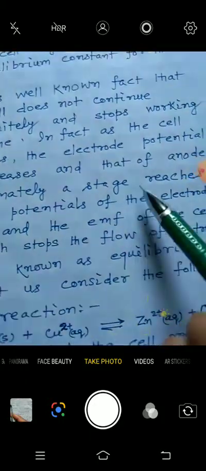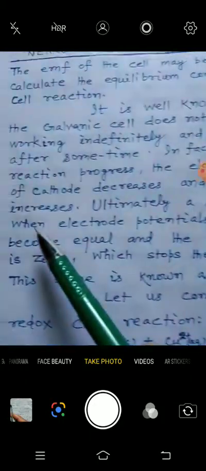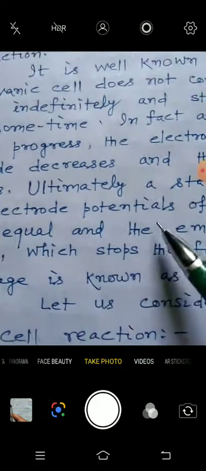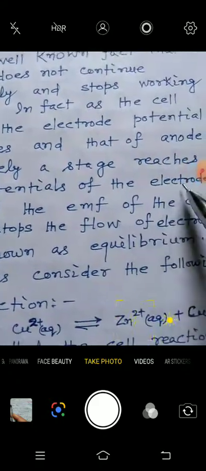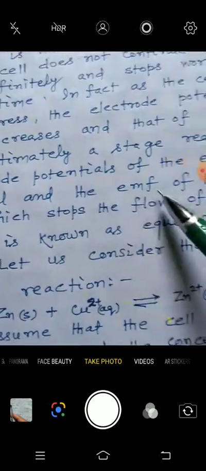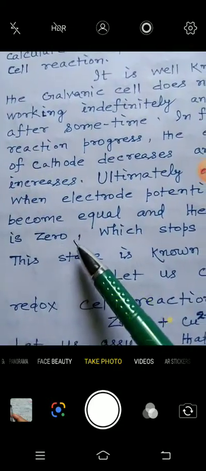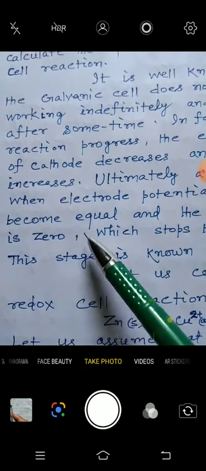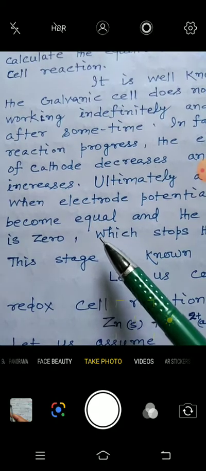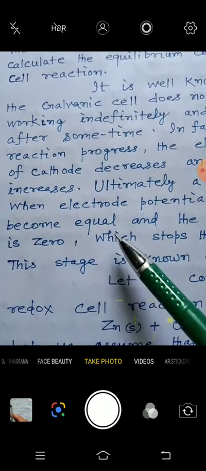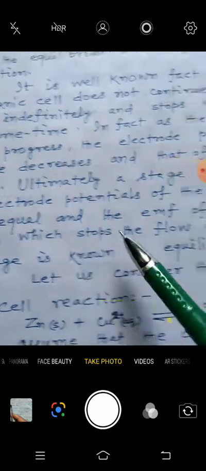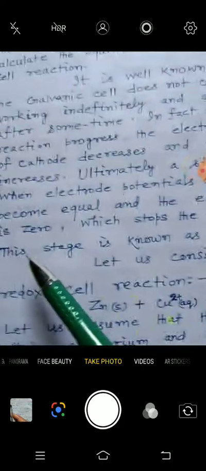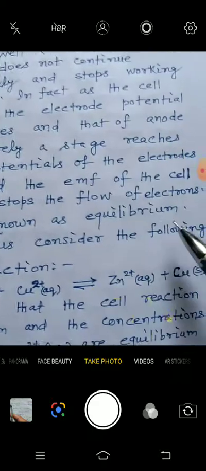Ultimately, a stage is reached when the electrode potentials of the electrodes become equal and the EMF of the cell is zero. Naturally, at equilibrium, the EMF of the cell will be zero, meaning electrons will flow neither from anode to cathode nor from cathode to anode, which stops the flow of electrons. This state is known as equilibrium.